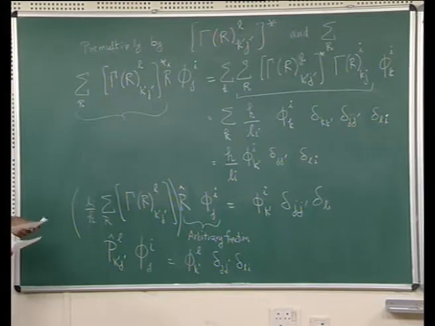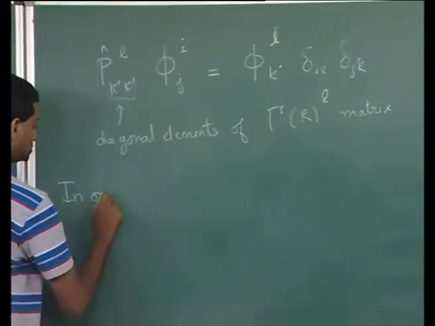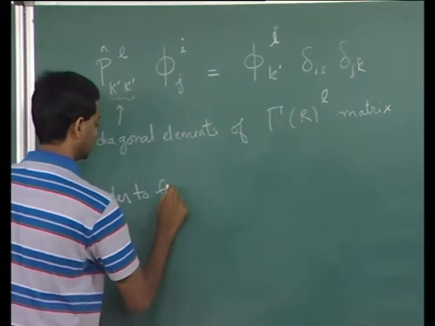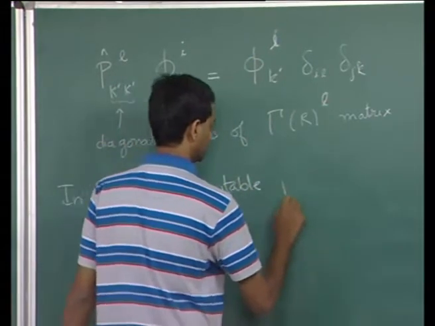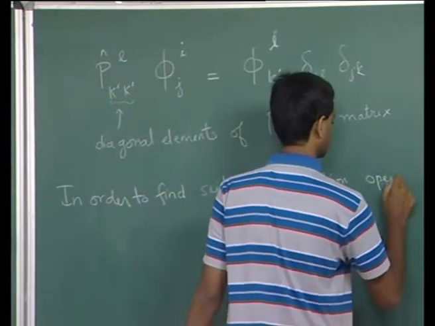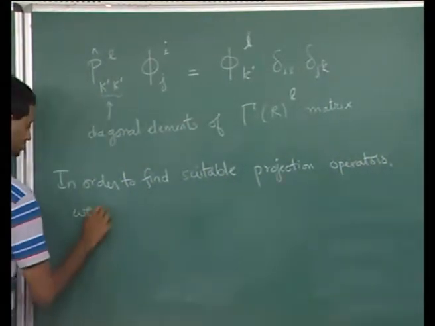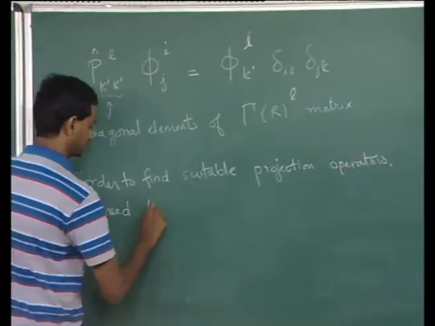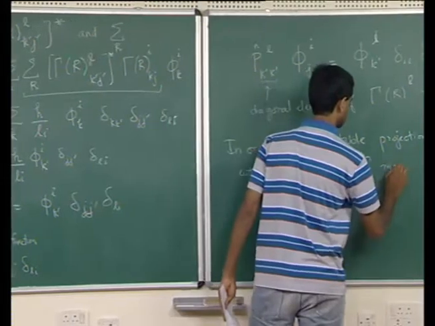One point we should make here is that in order to find projection operators, we need the entire gamma matrix.